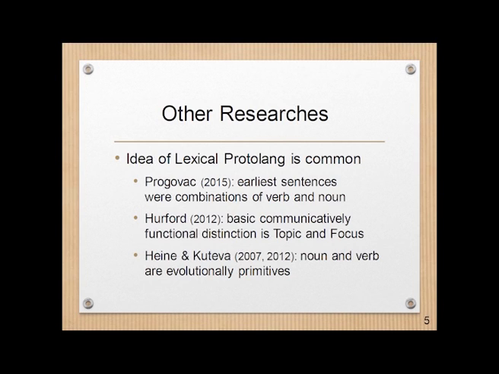And in terms of grammaticalization, Heine and Kuteva argue that nouns and verbs are evolutionary primitives, which are not derived from any other categories. Thus, from several viewpoints, including grammatical analysis and communicative perspectives, it is reasonable to suppose that protolanguage was composed of only lexical categories.